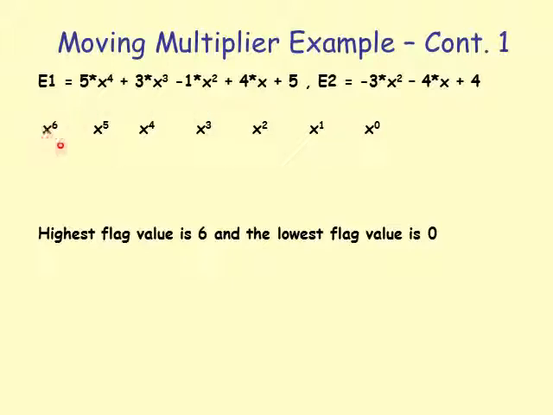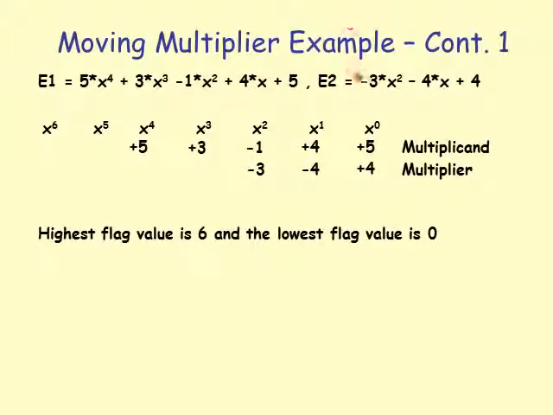These are the terms we would expect in the product. Now the multiplicand is plus 5 plus 3 minus 1 plus 4 and plus 5. The multiplier is minus 3 minus 4 and plus 4.